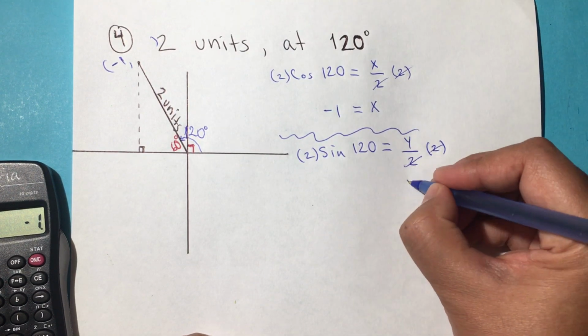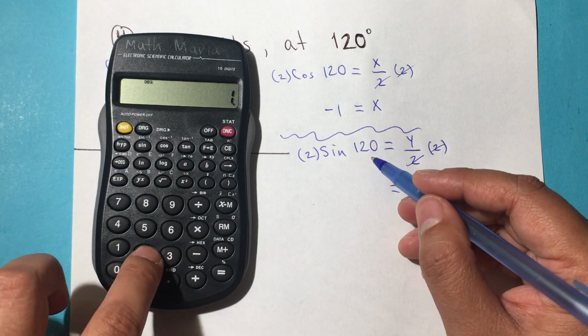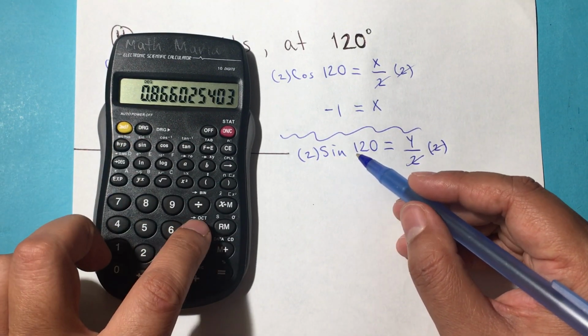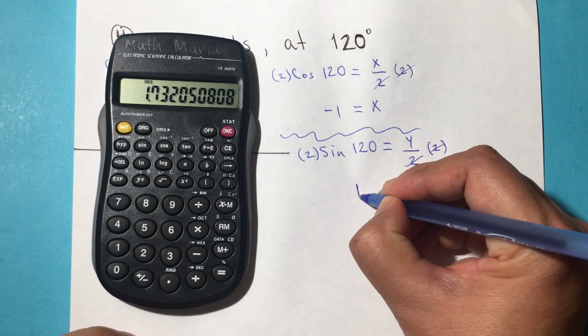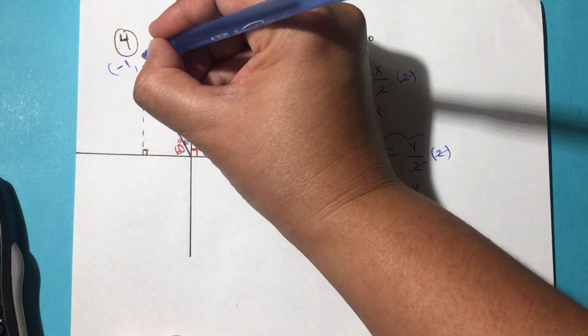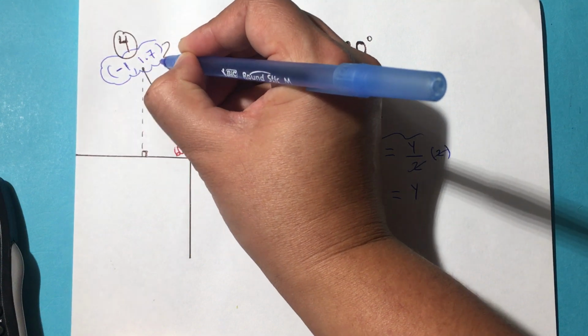This cancels, and so y is equal to 120 sine times 2 equal, which is 1.7. Okay, and so the y value is 1.7. Again, we have our coordinate.